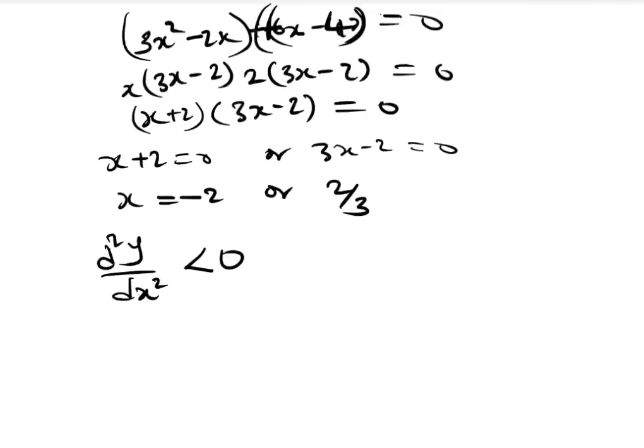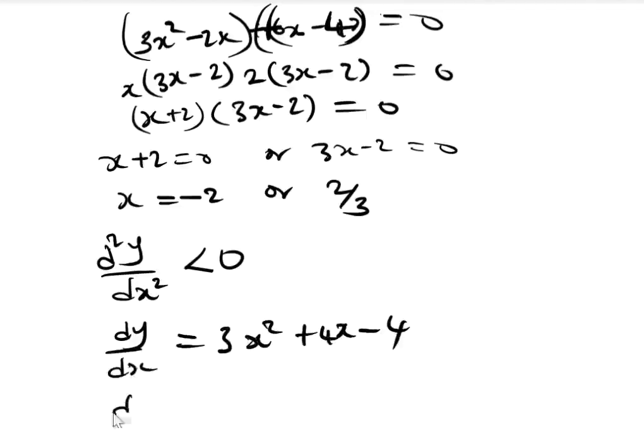We already have dy/dx equal to 3x squared plus 4x minus 4. Therefore, d²y/dx² will be equal to the differentiation of this, which is 6x, plus the differentiation of this, which is 4, and the differentiation of a constant is 0.